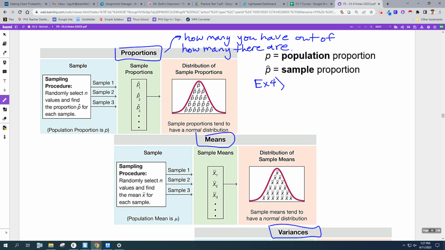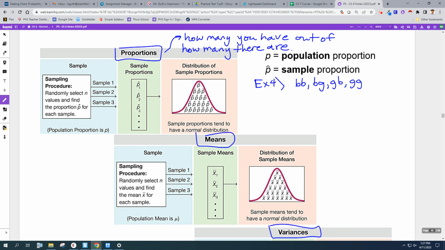It talks about childbirths, and it gives you this list of different possibilities that we've seen before. Boy boy, boy girl, girl boy, girl girl. Just the different possible ways of having 2 kids.